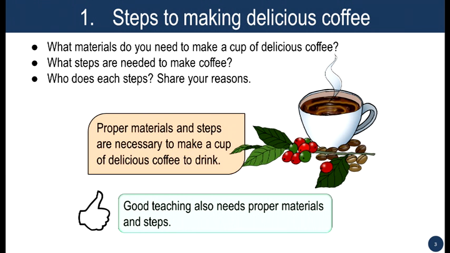So to have that, you will also need to follow the steps, the process of making a delicious cup of coffee. For example, to have a cup of coffee using the roasted beans, you first need to roast them, then you grind them, put them into an espresso machine if you have one.